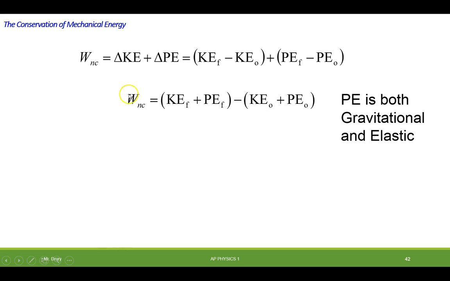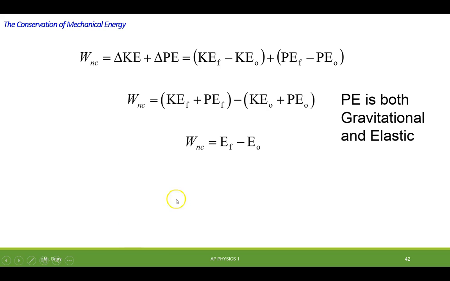So we can actually rewrite this as work non-conservative is equal to KE final plus PE final minus KE initial plus PE initial. Or in other words, the work non-conservative would be equal to whatever energy we ended up with compared to whatever energy we started with.